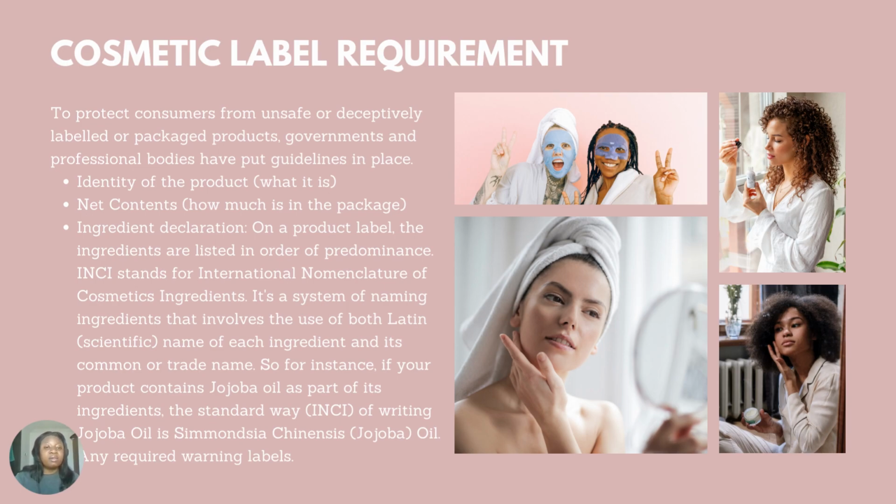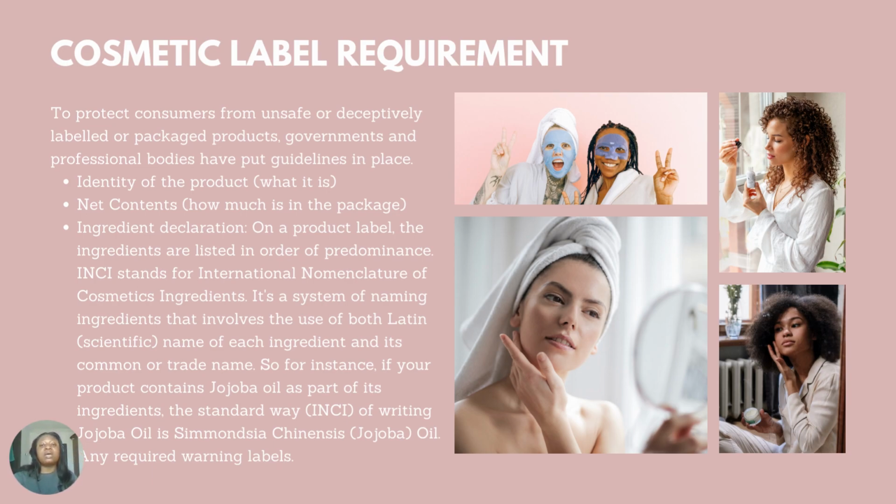So for ingredient declaration on a product label, the ingredients are listed in order of predominance. So for example, for a lotion label, for a bottle of lotion, you'll be listing the ingredients in order of predominance, and usually distilled water is the predominant ingredient in your body lotion.